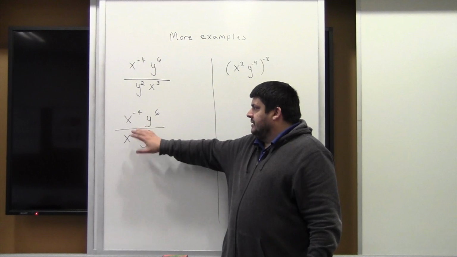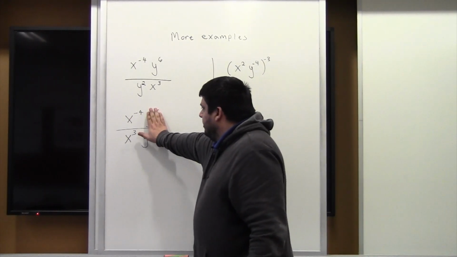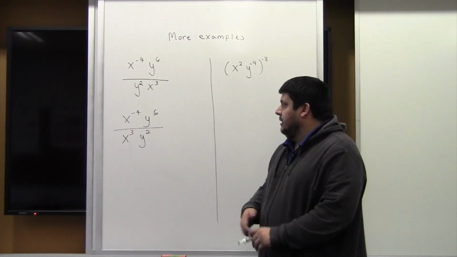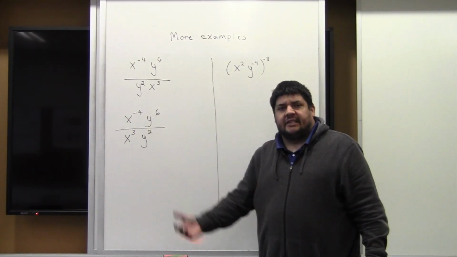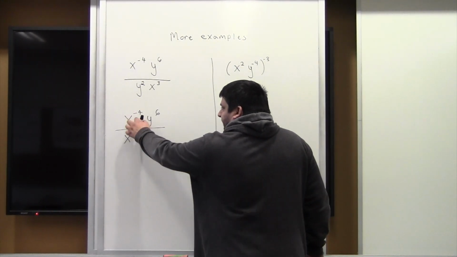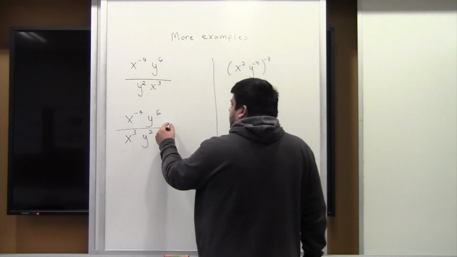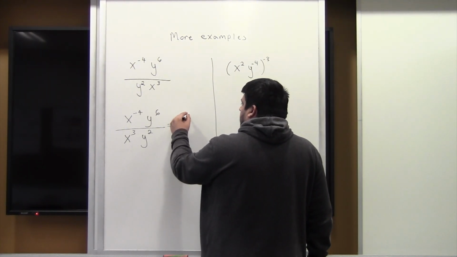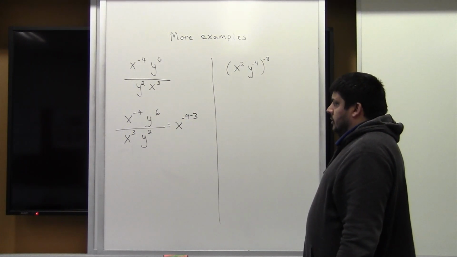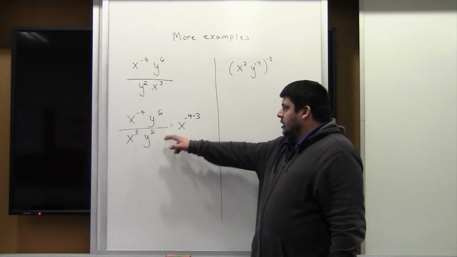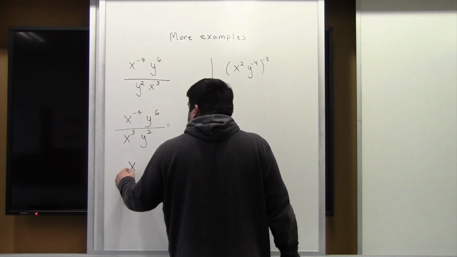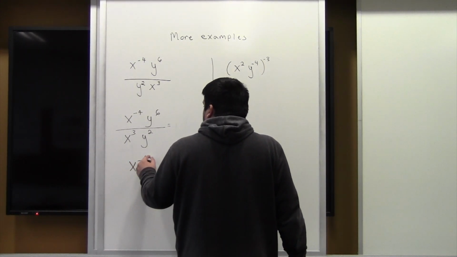The reason I've done this is now look what we have. If I covered this up, you know how to solve this problem. And if I cover this one up, you know how to solve that problem. It's just two of the basic problems that you saw put together. So here, we're dividing x's, so we have to subtract: -4 minus 3. Let's put this down here so it's a little bit bigger. -4 minus 3.